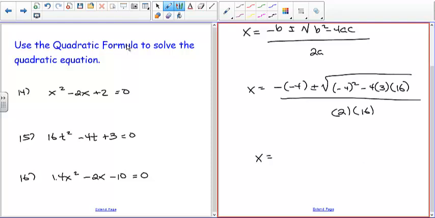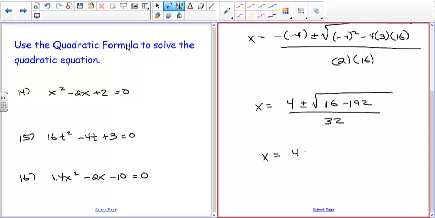So negative of a negative gives you positive, so we get 4 plus or minus the square root of negative 4 squared, which is positive 16, and then here we get negative, so we get 12 times 16, or 4 times 48, whatever that is. So we'll get our calculator out for that. So we have 3 times 4 times 16, 192. Okay, so I have minus 192, all divided by 32.